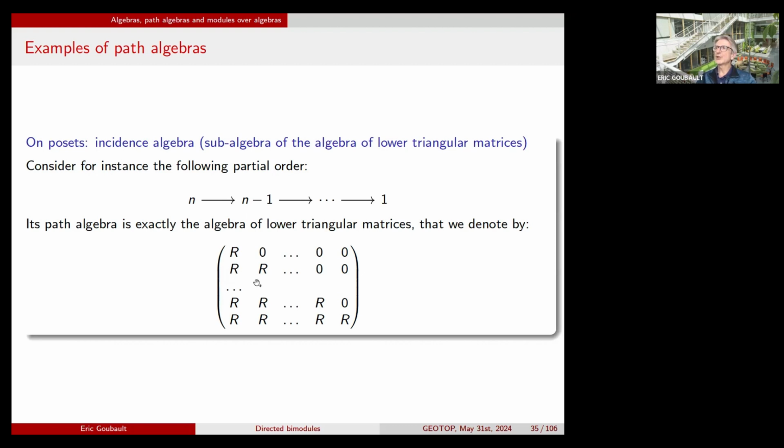You take any coefficient in R in place of this capital R in this matrix, and that's going to be within the path algebra, because it's going to be the sum of paths. There's actually one generator of directed paths from J to I, where J is greater than I, and there's no generator if J is less than I. So this explains these zeros here. And you take formal sums, so you can have any coefficients in place of these R's here. And then multiplication of the algebra is multiplication of these matrices.